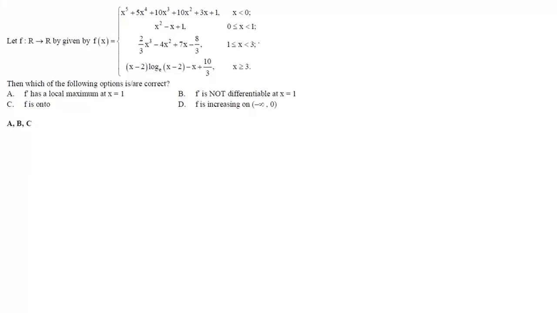Now here is the question, we are given this function f(x), which is defined in this way. Now if you look at the coefficients, this is 1, 5, 10, 10, and here it is 3 and 1. So what we'll do is we'll add 2x and subtract 2x. Now this is the binomial expansion of (x plus 1) to the power 5.